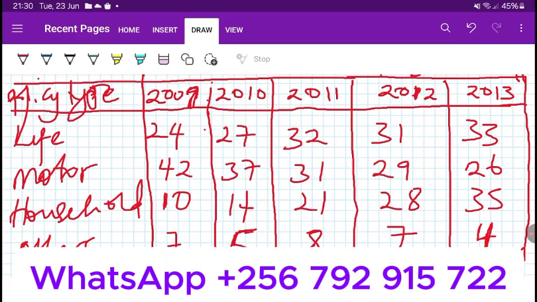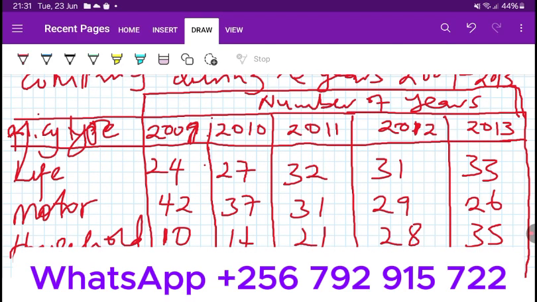Now, if you look at this information and you look at the graph paper, of course, the graph paper is always fixed. So what is going to be on your vertical, and what is going to be on your horizontal? The main heading that we have here relates to number of years.